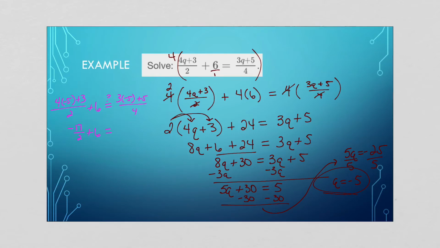Negative 15 plus 5 is negative 10. On my calculator, I'm typing in negative 17 halves plus 6, and I get negative 5 halves. And when I reduce the negative 10 fourths, I get negative 5 halves. So that works. So I know that this is my answer.